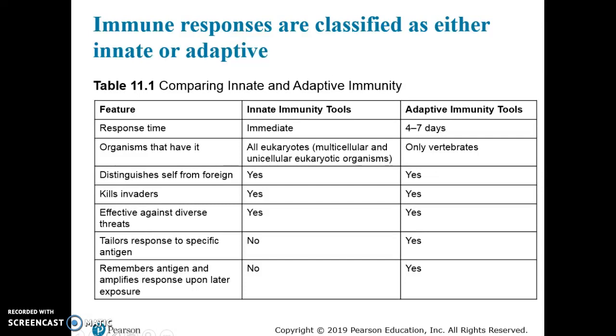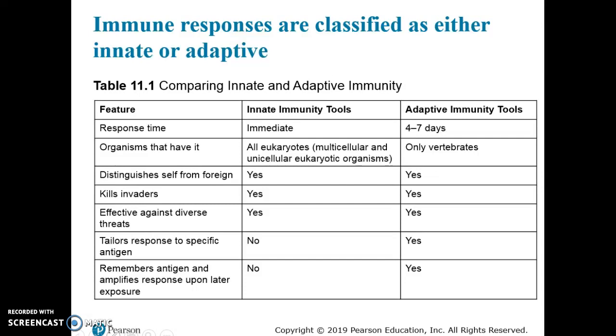It can respond against viruses in general, but it can't distinguish between polio versus hepatitis virus. But the adaptive immune response can. The adaptive immune response, which we'll look at in Chapter 12, has specificity. It is very specific to the specific material that is invading you.